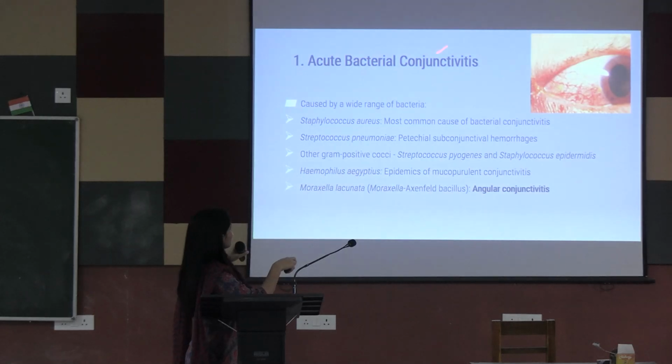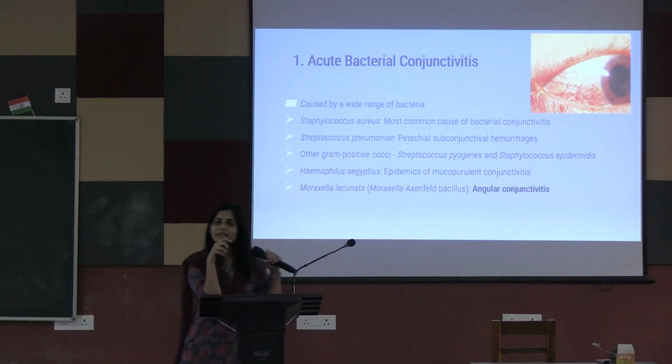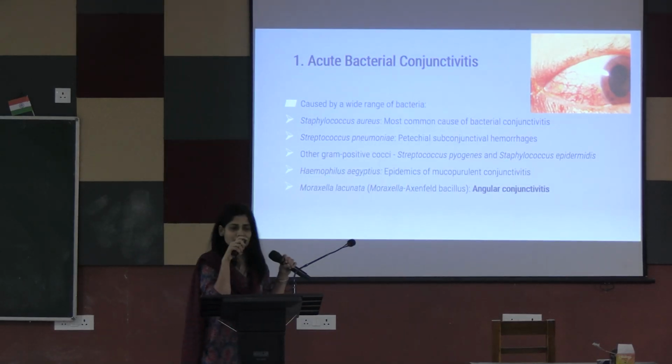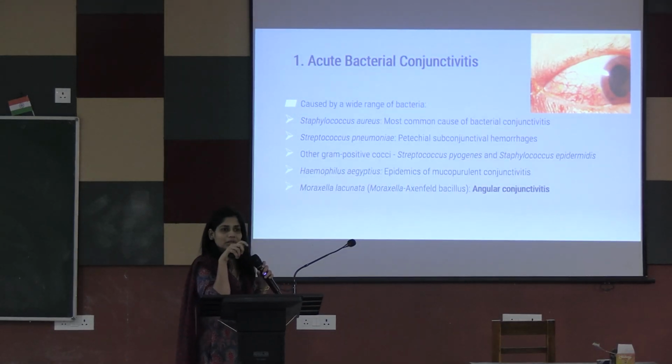What is this? Acute bacterial conjunctivitis. The most common culprit again is Staphylococcus aureus. Any infection in the body can be caused by Staphylococcus aureus, and very frequently, because it is present as normal flora also. Staphylococcus species, coagulase-negative Staphylococcus, Staphylococcus epidermidis, are found on the flora.